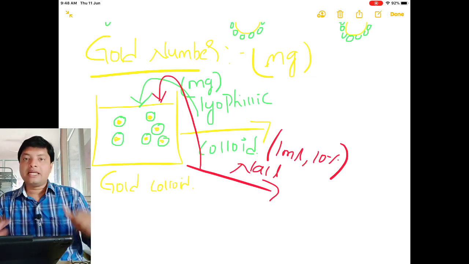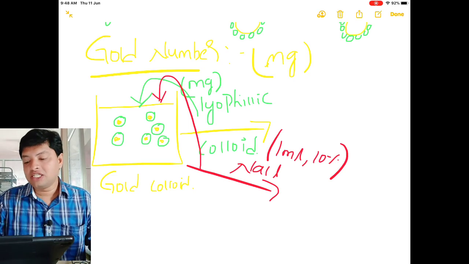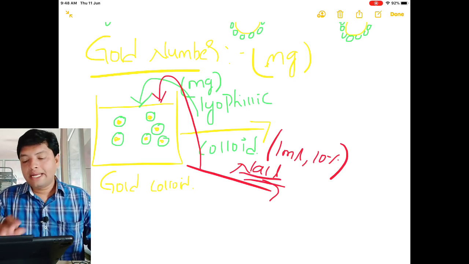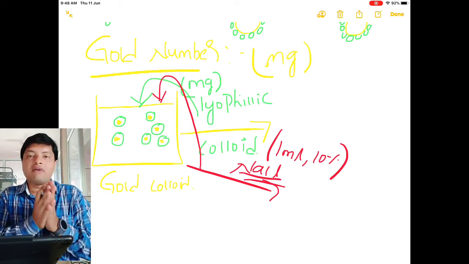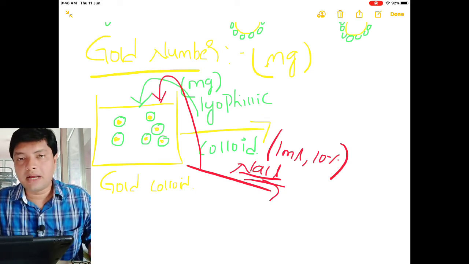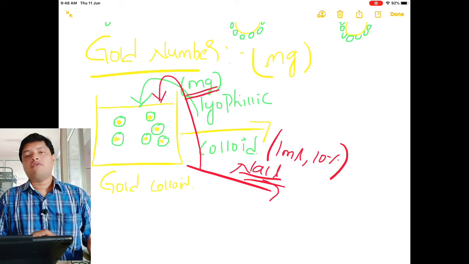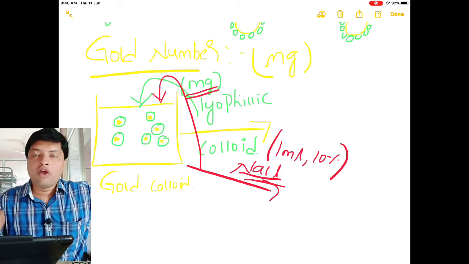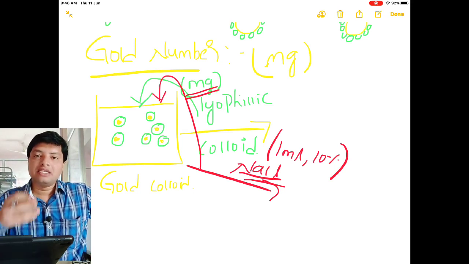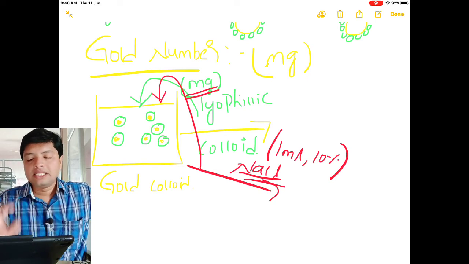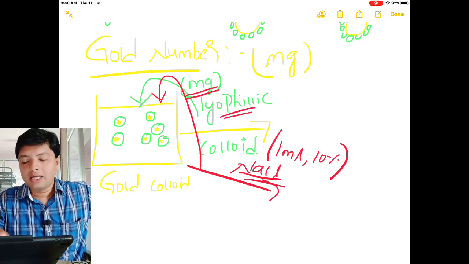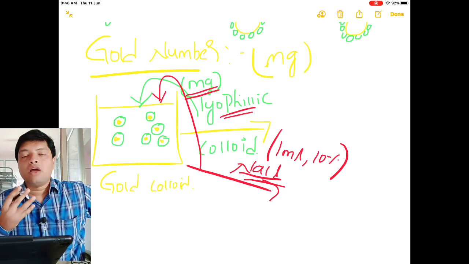We previously studied that it will get destabilized by addition of electrolyte. Now, in this case, due to addition of electrolyte, it is not getting destabilized. Because we added some X amount of lyophilic colloid, this X amount of lyophilic colloid is stabilizing the lyophobic colloid.